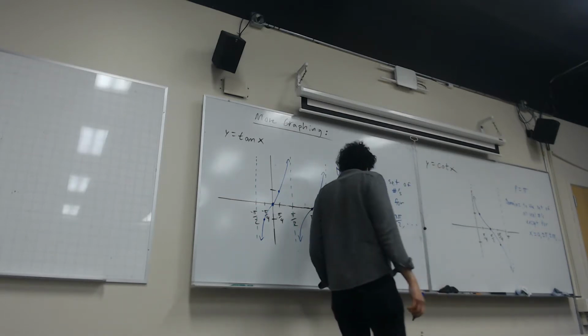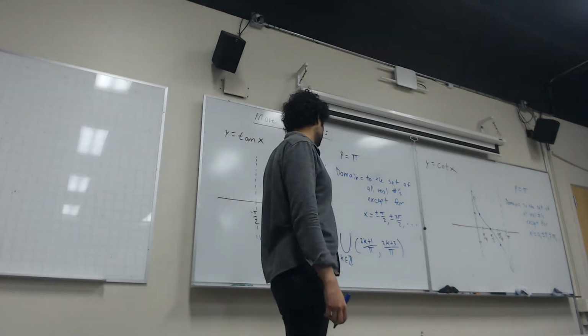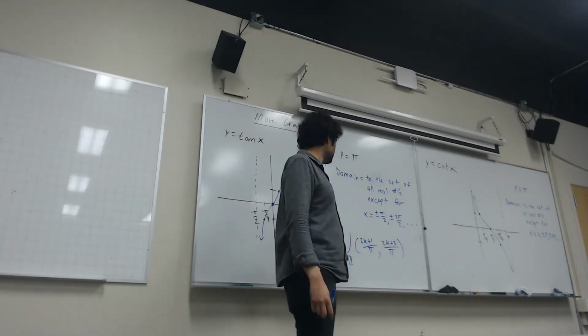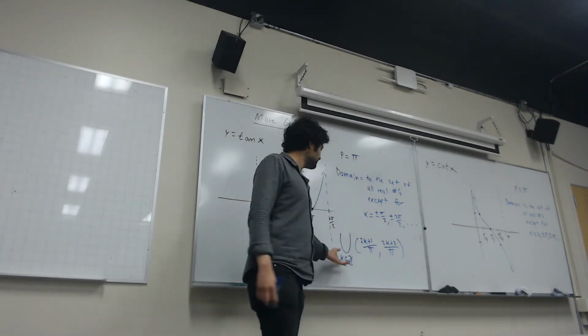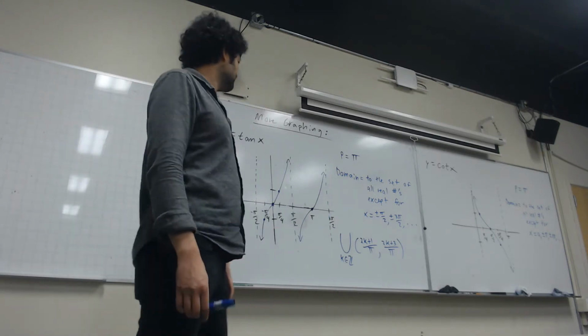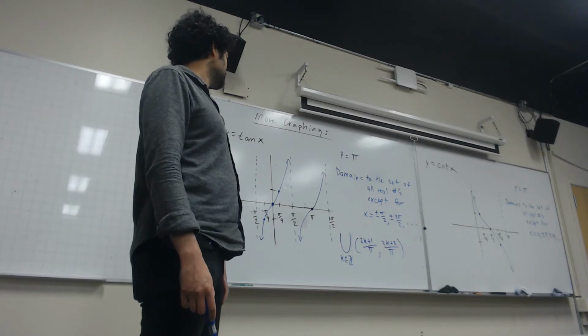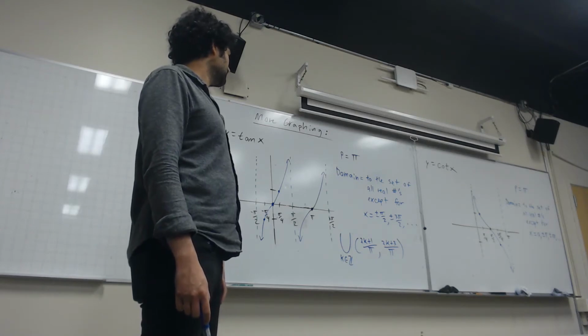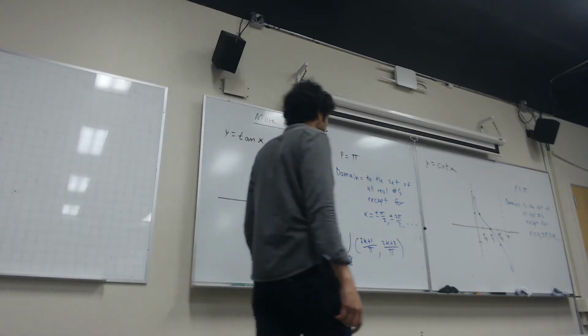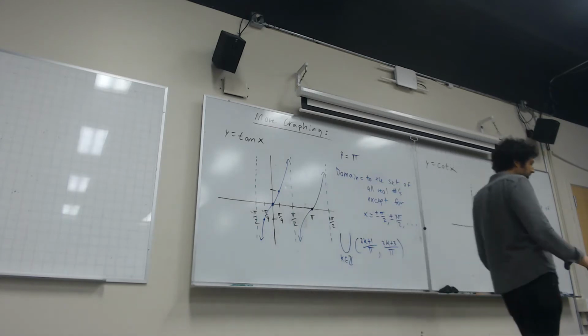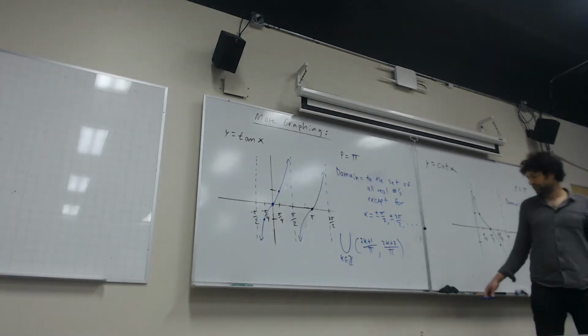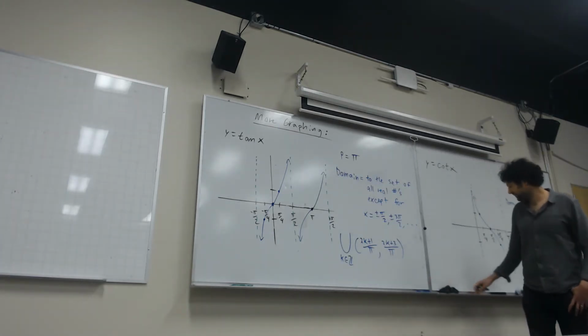Because you're taking a union of infinitely many, you have to use some fancy notation. K is an integer, it gives you all the correct intervals. Don't worry about that. It is possible to write in interval notation, but you're not required, because you have to take a union of infinitely many.